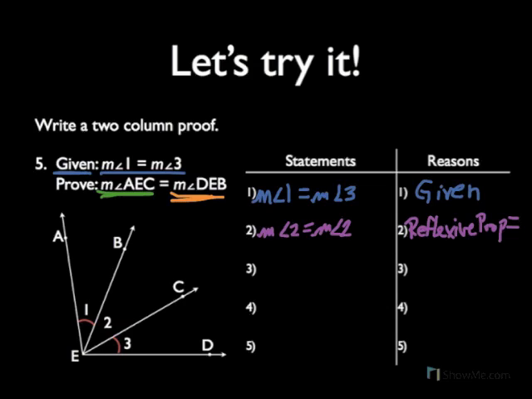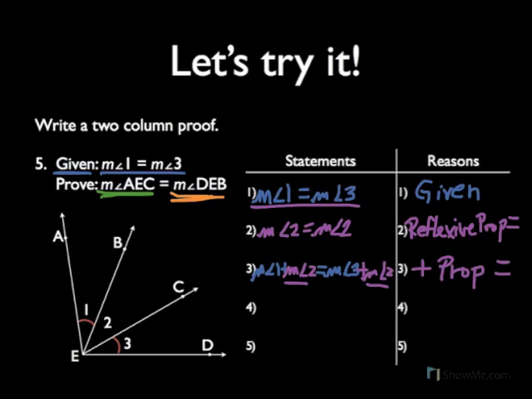Let's combine statements 1 and 2 and say that the measure of angle 1 plus the measure of angle 2 is equal to the measure of angle 3 plus the measure of angle 2. Now notice, all that we've done was add the same thing to both sides of our original equation. What allows us to do that? The addition property of equality. So notice, all that I'm doing is justifying each step of my problem.